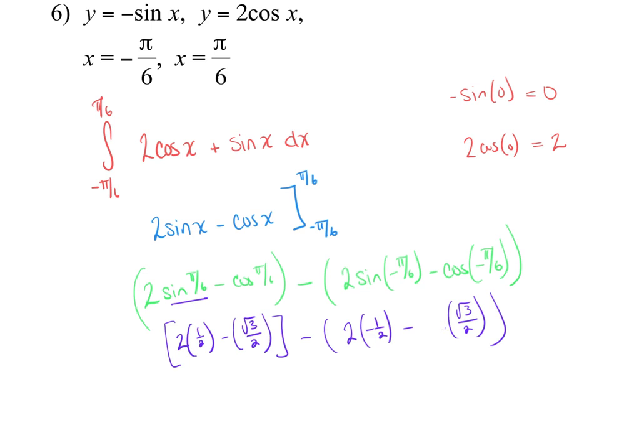This guy becomes just a 1. I'm going to get common denominators here. So it's 2 over 2, because that's minus the square root of 3 over 2. Plus, because it's minus a negative, 2 over 2. Plus, because it's minus a negative, square root of 3 over 2. Those cancel. This just becomes 1 plus 1. That's 2.